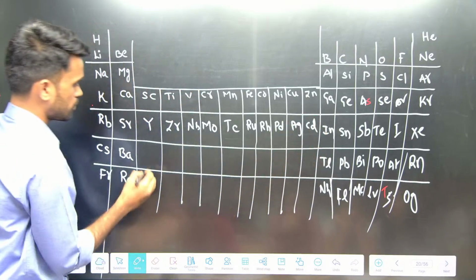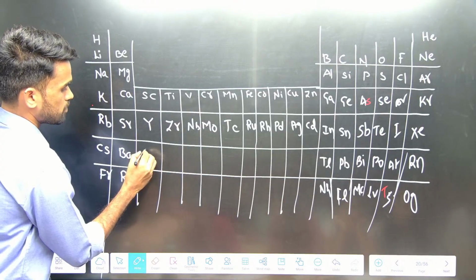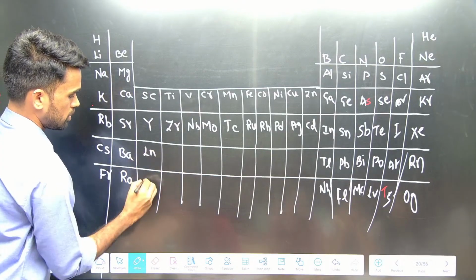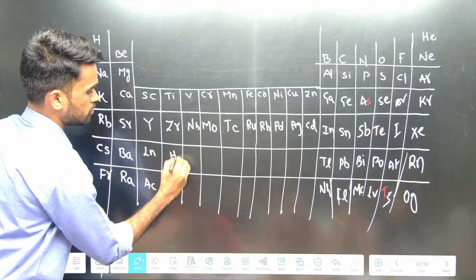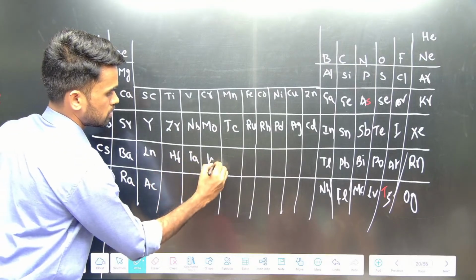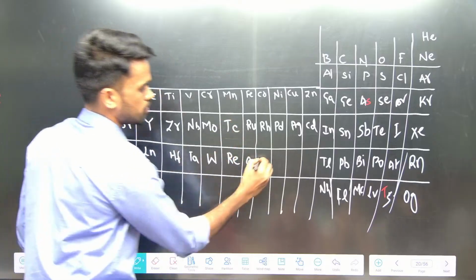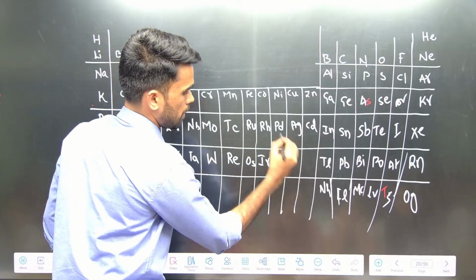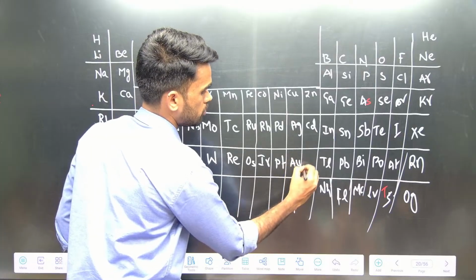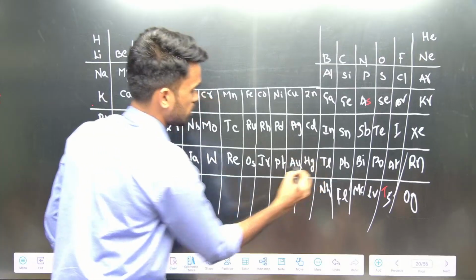Next, this one: lanthanum, hafnium, osmium, platinum, aurum.